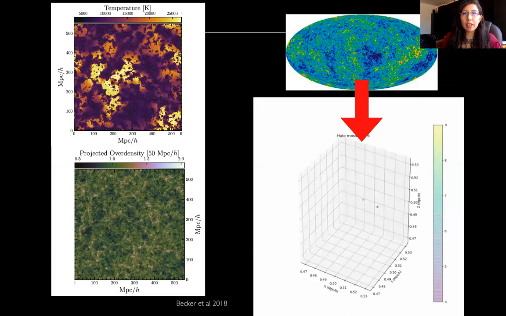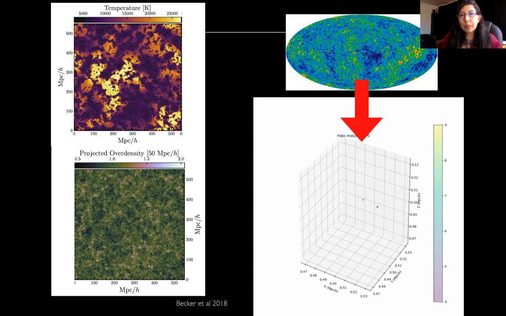Here I'm showing this connection, which has been established in different ways. We know that the seeds of the overdensities that lead to the formation of galaxies and structure in the universe were set during inflation, and the CMB, the cosmic microwave background, is a result of this process. Regions in red are a few millionths of a Kelvin above the CMB average temperature, and the blue regions are colder compared with that average.